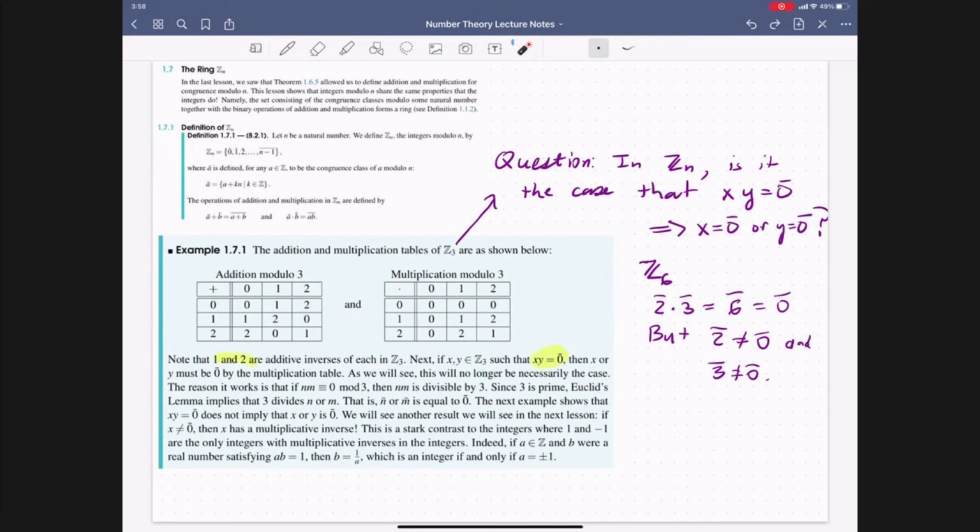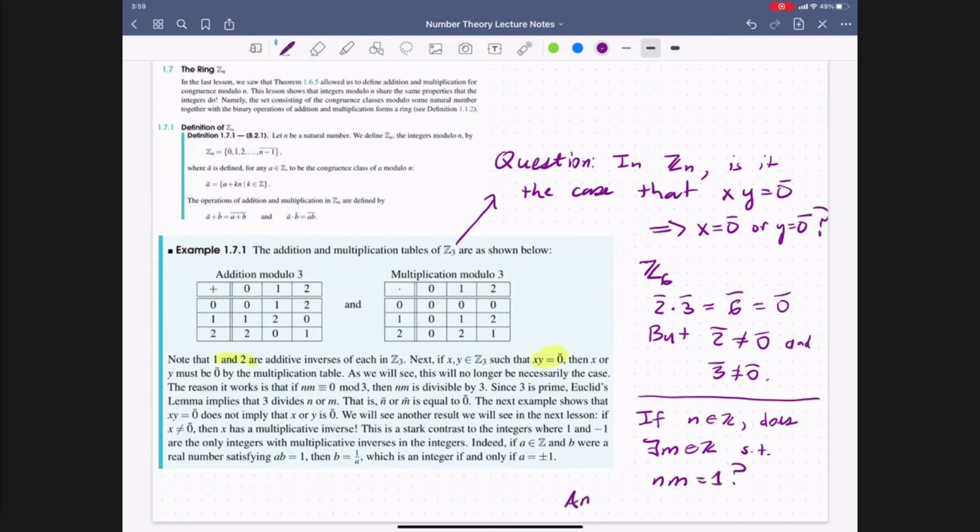Another thing I want to point out that distinguishes the integers modulo n from the integers themselves is the notion of having a multiplicative inverse. So for example, we could ask the following question. If n is in Z, does there exist an m in Z such that n times m is equal to 1?